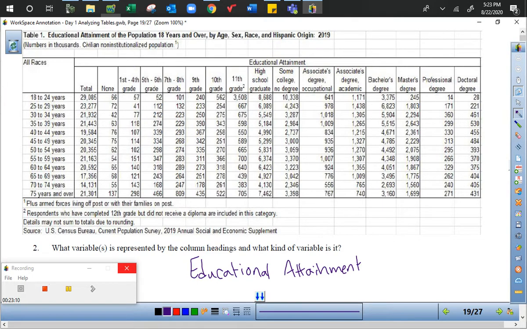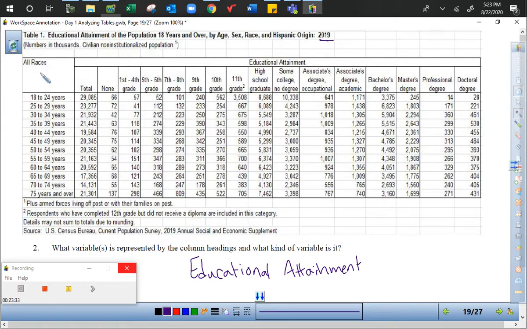Okay, let's go to some of the things that are given in the table before we answer some more specific questions. So it gives us the population 18 years and older. Notice it started at 18. It didn't start at all of them. And then it says it's classified by age, sex, race, and Hispanic origin, and this data came from 2019.